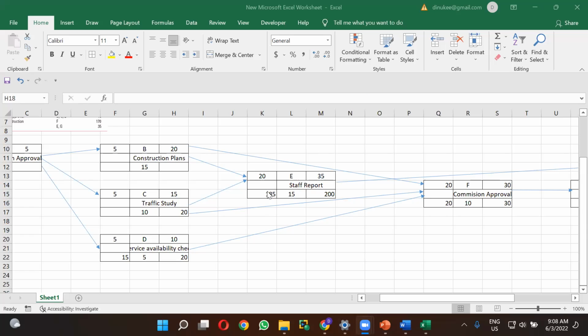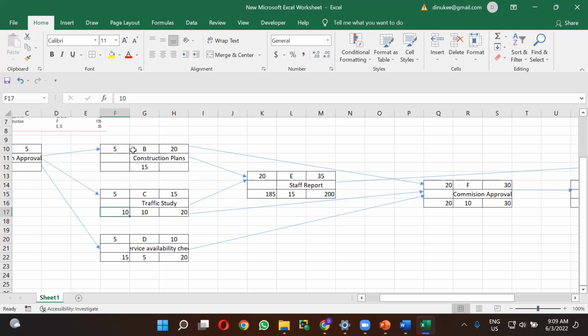I hope it is clear. So after getting the late finish time as 20, you have to calculate the late start time for the activity C. From this 20, you can deduct the duration of 10 and you get the late start time as 10 for the activity C, right?